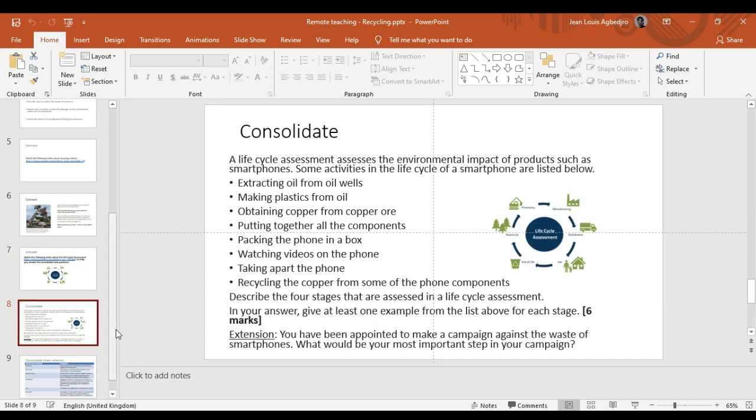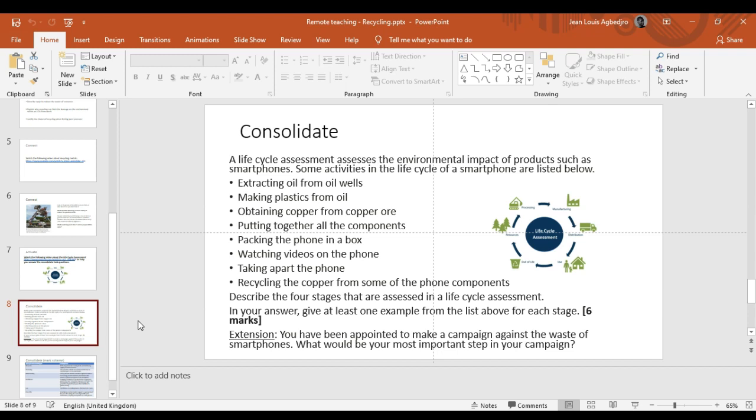Okay, I hope you found the video interesting. So this is the task that I ask you to do for the end of the lesson. So let's read it together. And on the last slide, you will have a mark scheme to mark your answer.